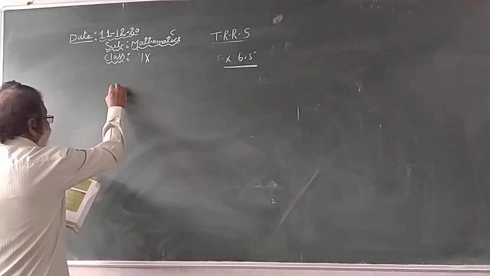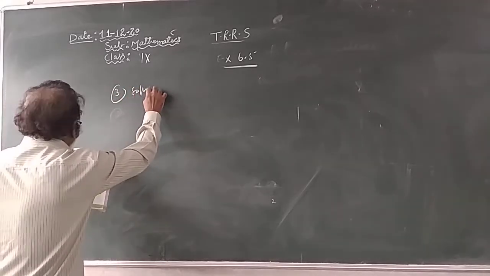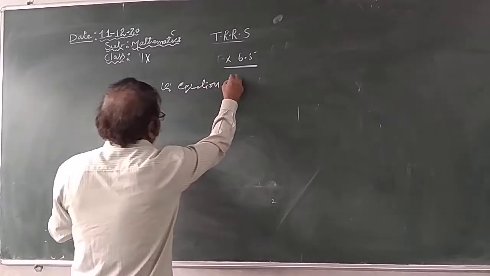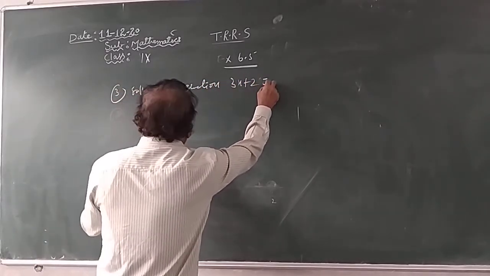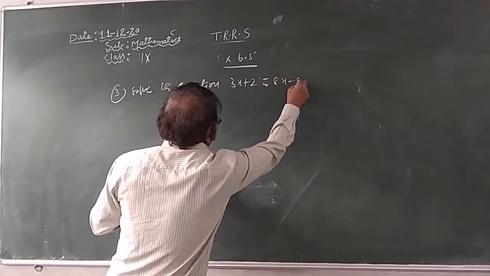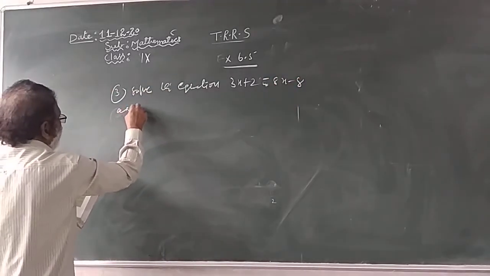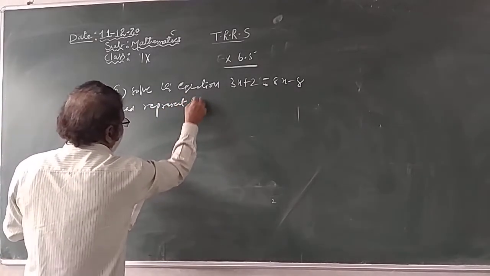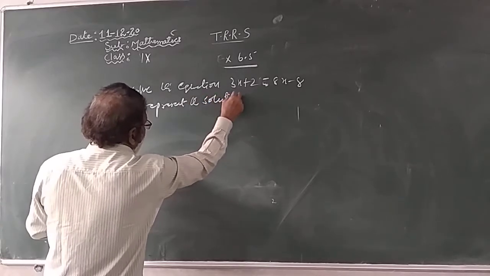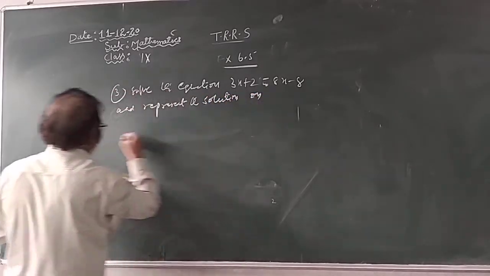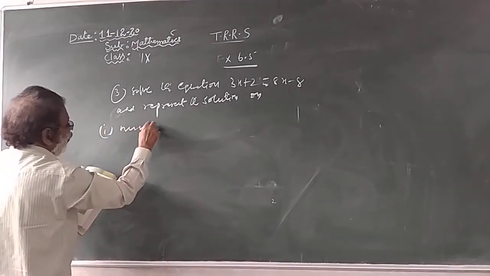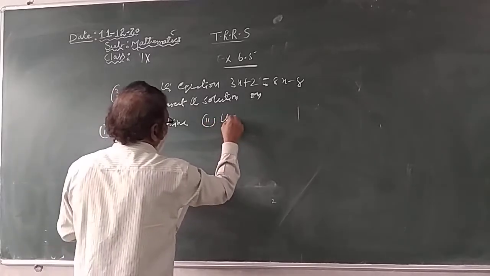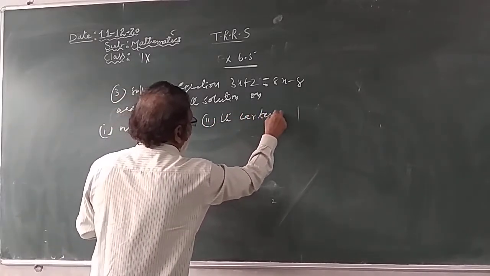Third, solve the equation 3x plus 2 is equal to 8x minus 8 and represent the solution on a number line, second on the Cartesian plane.